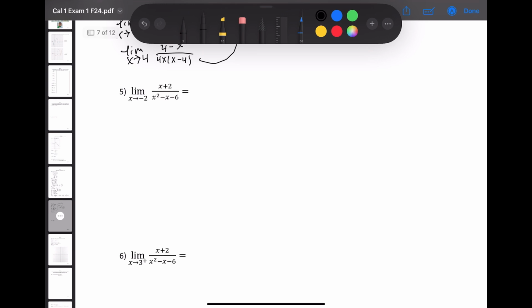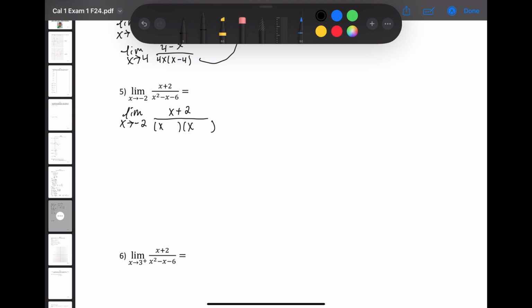So we have limit x approaching negative 2, x plus 2, and then we've got to find factors that give us negative 6 and negative 1.